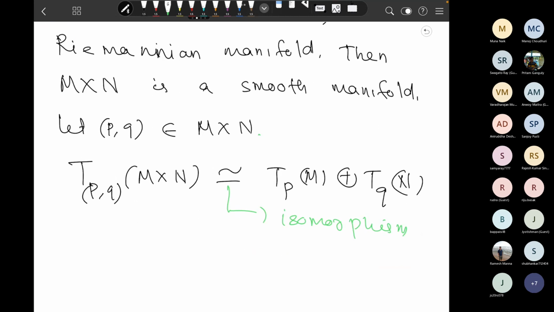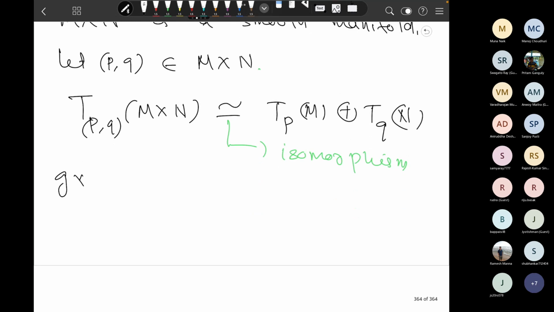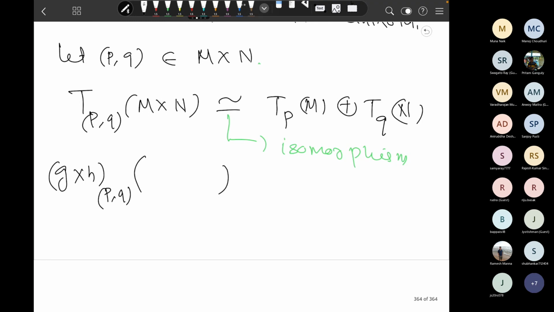Now I can define a Riemannian metric on this product. This is G cross H, say, and I will define it at P, Q. It will have two arguments, each a tangent vector of M cross N, but I have this isomorphism, that TP,Q of M cross N is isomorphic to TPM plus TQN.